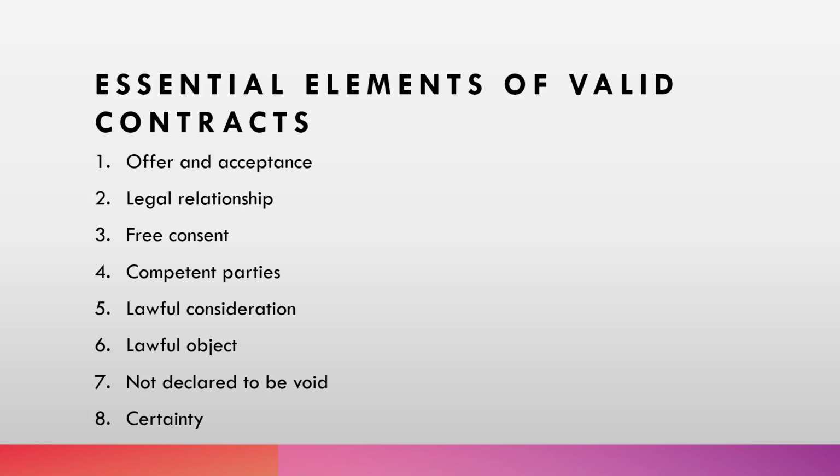Or one person wants to deceive another person. He wants some money from that, and he makes a false statement in that contract and deceives that person. So that is an unlawful object. So in a valid contract, the object or the consideration should be lawful.